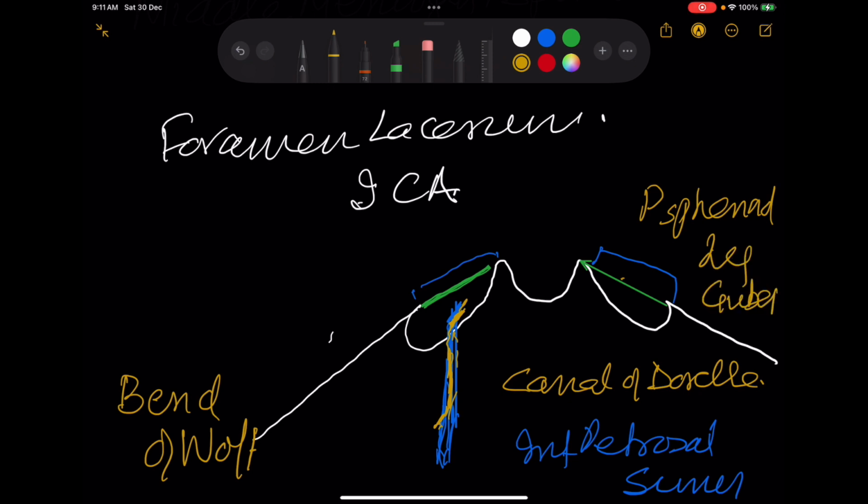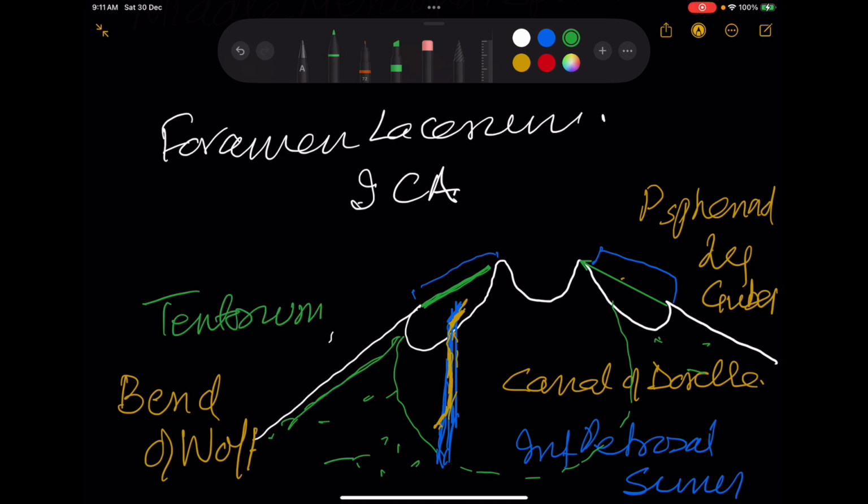So in the hindbrain, there is a membrane which is attached on this petrous temporal bone, and it has got a big notch here like this, and all this is membrane. This membrane is called the tentorium cerebri.